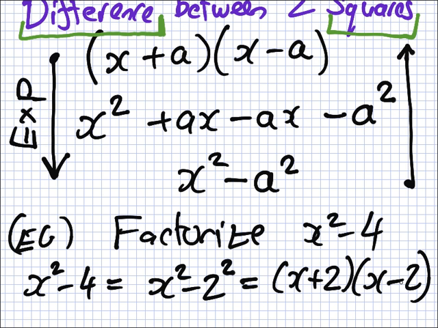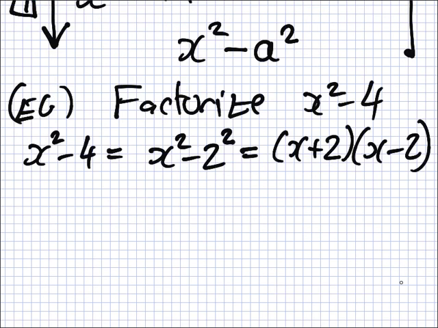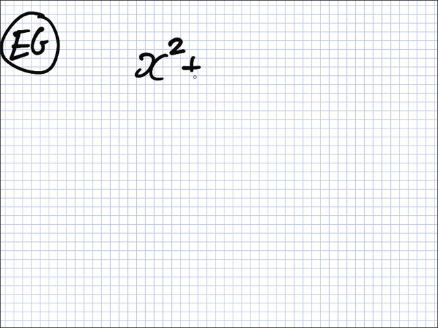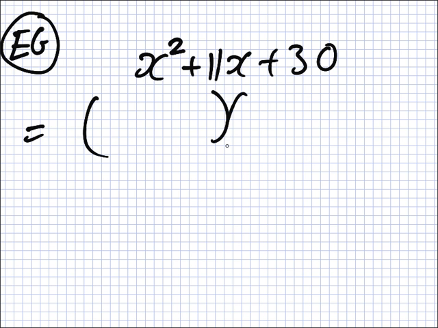Okay. Now, what we're going to have a look at is how do we factorize quadratics. A process you probably have seen before, but we'll run through 4 examples. So suppose I have x squared plus 11x plus 30. We know we need to have 2 linears, so this is x here and this is x here.